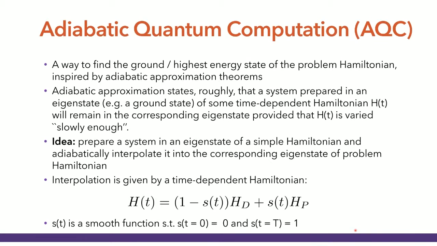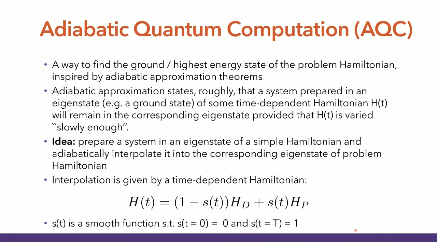It's inspired by the adiabatic approximation theorem, which states roughly that if you start in some eigenstate, such as the ground state of a time-dependent Hamiltonian, and you evolve this Hamiltonian slowly enough, and this potentially means exponentially slowly, then you will remain in the instantaneous eigenstate of the system.